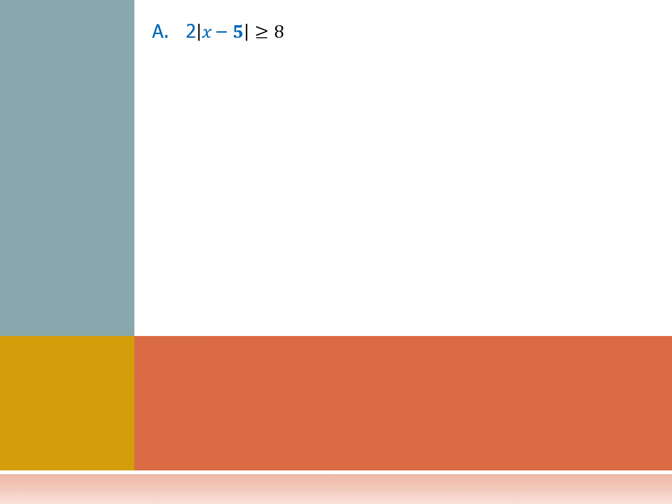So first step, divide by 2, then we will get rid of the number 2. So 2 divided by 2 is equal to 1, and 8 divided by 2 is equal to 4. So we will get absolute value of x minus 5 greater than or equal to 4.